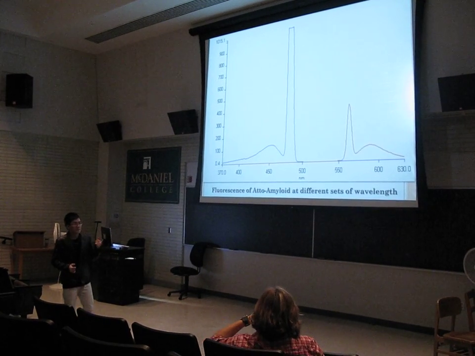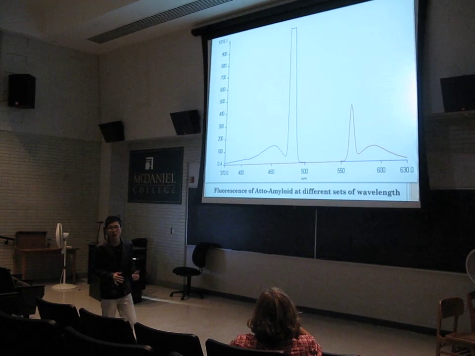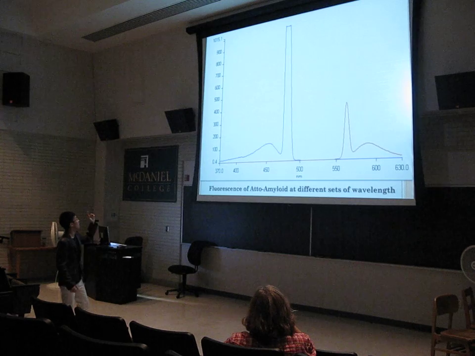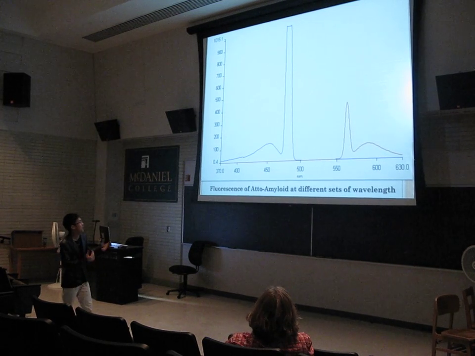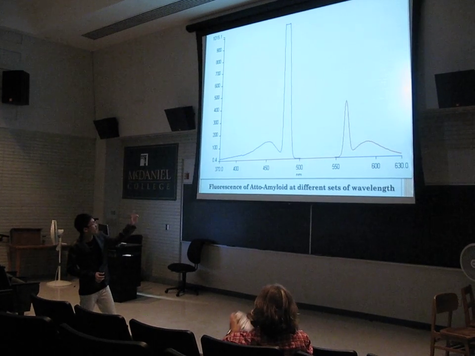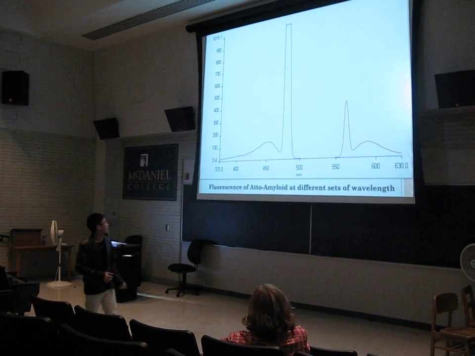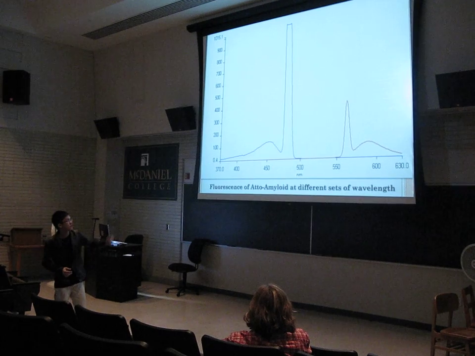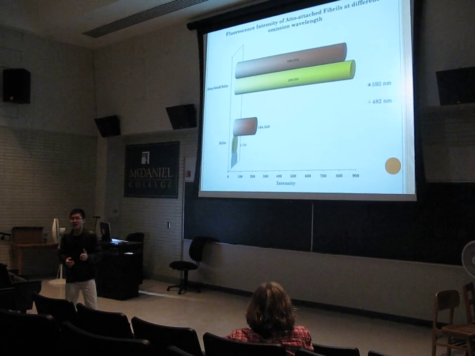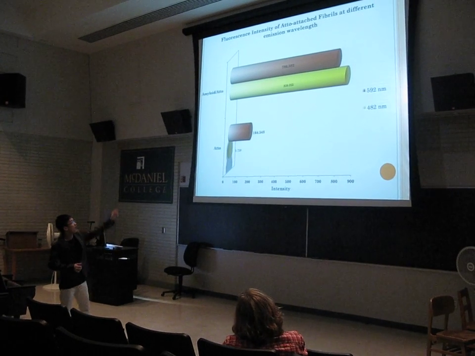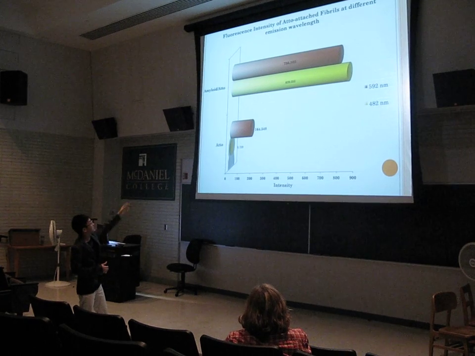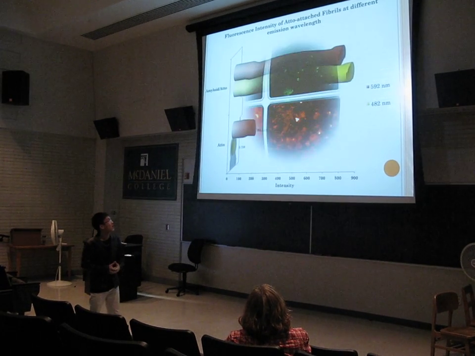We are highly convinced that we were successful in attaching the dye to the fibrils because under the ThT fluorescence spectroscopy, we can see the fibril fluoresce at 2 different sets of wavelengths, at 482 and 592. From the chart here, we can see that only the attached amyloid fiber can fluoresce at two different types of wavelength.